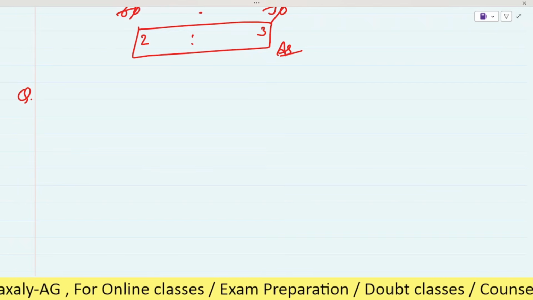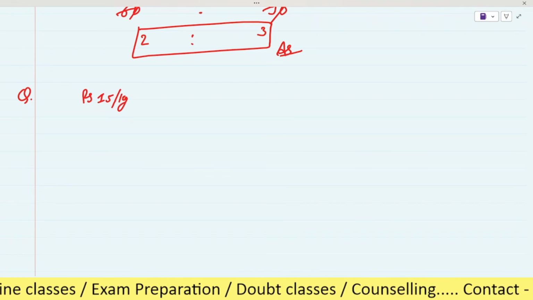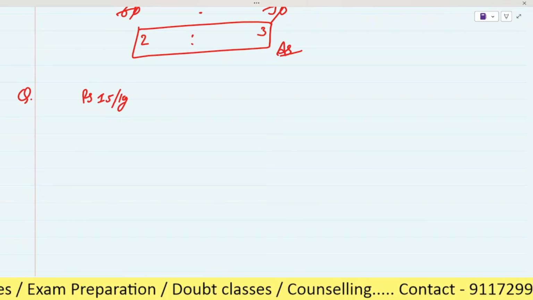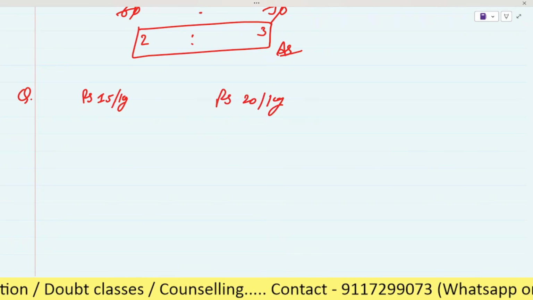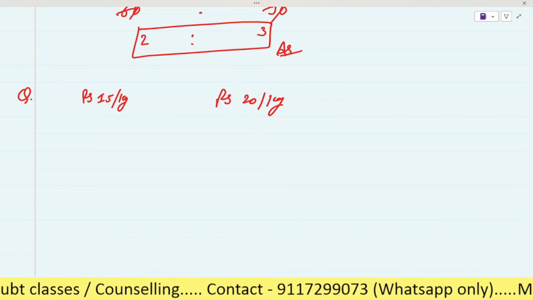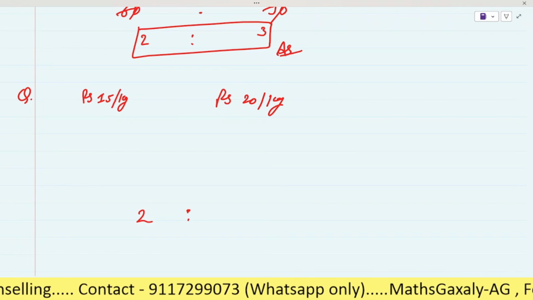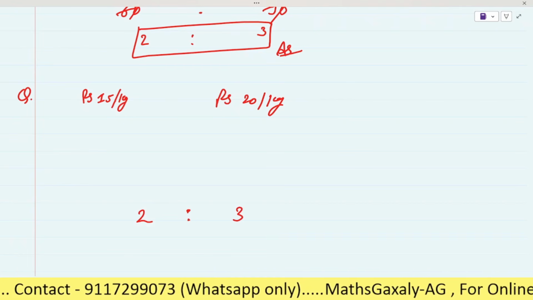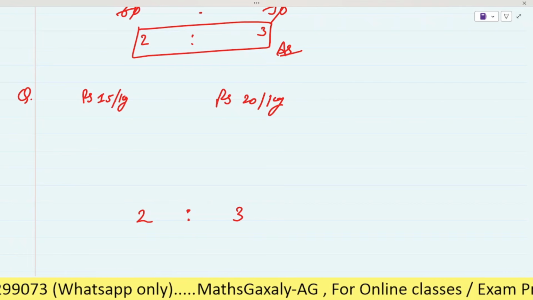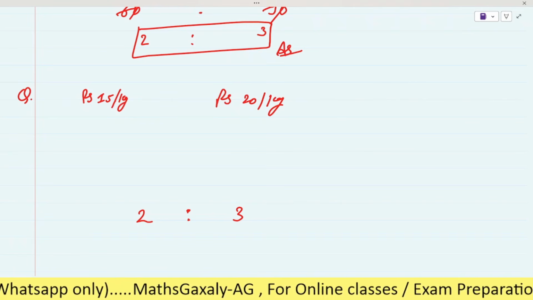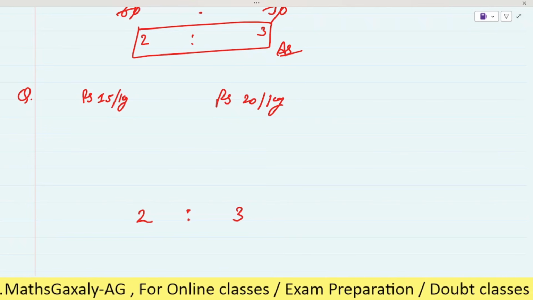Sugar at rupees 15 per kg is mixed with sugar at rupees 20 per kg in the ratio 2 is to 3. Find the price per kg of the mixture.